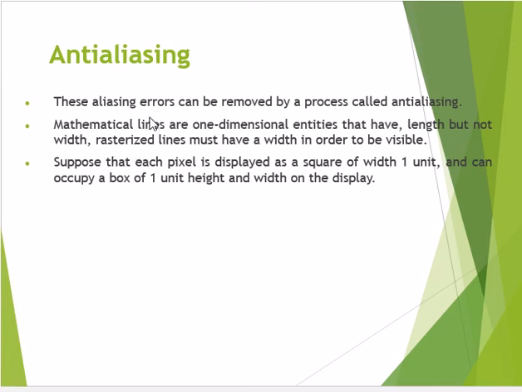Mathematical lines, being one-dimensional entities, have only length but not width. In order to make these rasterized lines visible, we must give them some width. So suppose each pixel is displayed as a square of 1 unit height and width on the display, then it reduces the jagging effects, which are nothing but the aliasing errors.